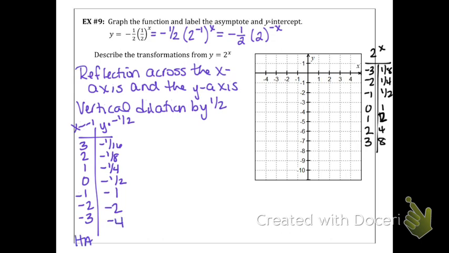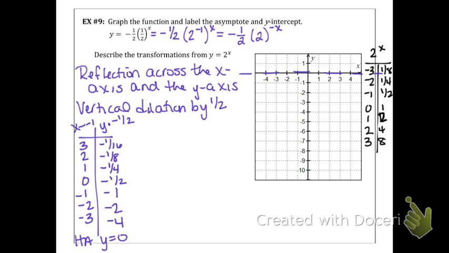My horizontal asymptote, remember, is y equals 0. The only thing affecting the y is the -1/2, so it's not actually going to change. It's still going to be at y equals 0. Alright, so when I go to graph this new one, I still have my horizontal asymptote right there. And then I've got my points here. Uh-oh, I'm going backwards.